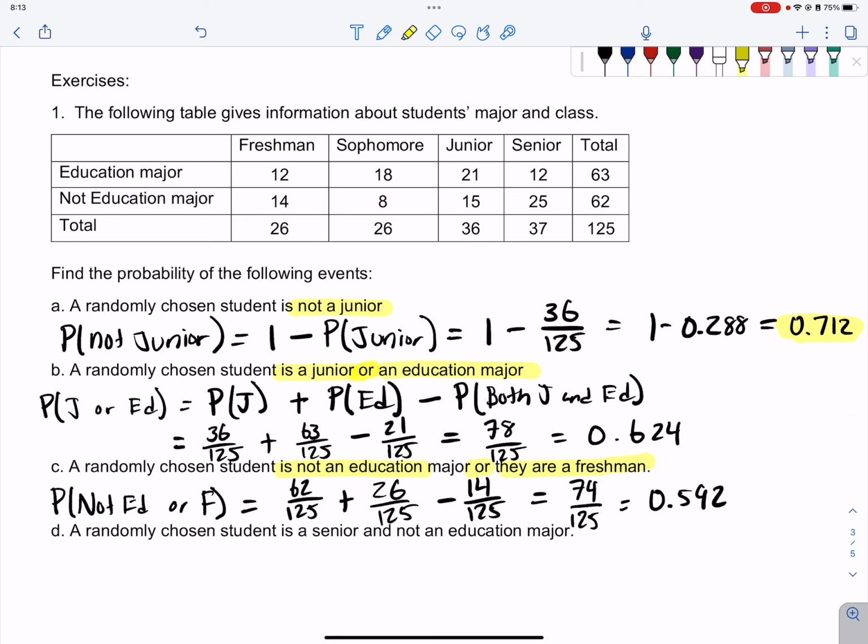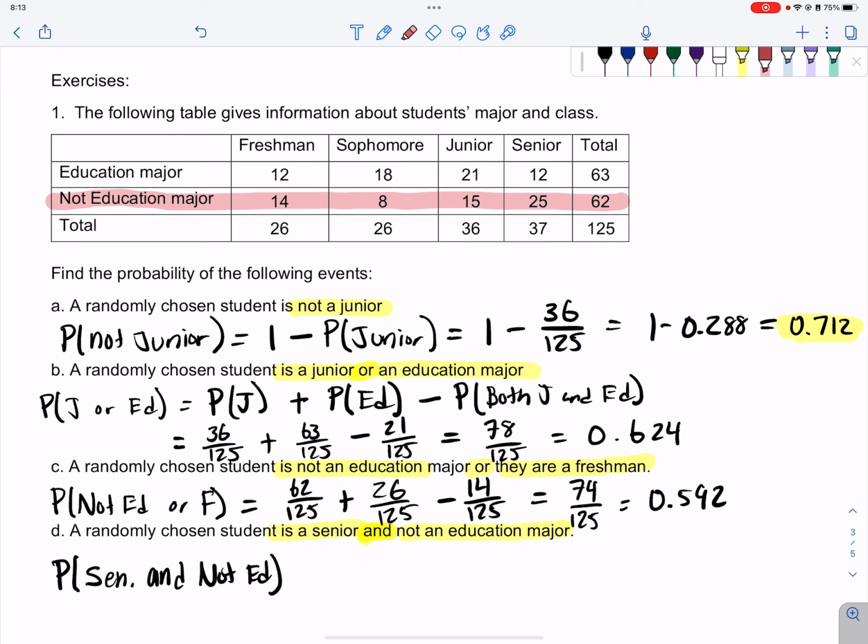Okay. Lastly, we want to calculate the probability that a randomly chosen student is a senior and not an education major. So now we have an and probability here, which means we want to find our number of students that satisfy both of those two conditions at the same time. They are both seniors and not education.